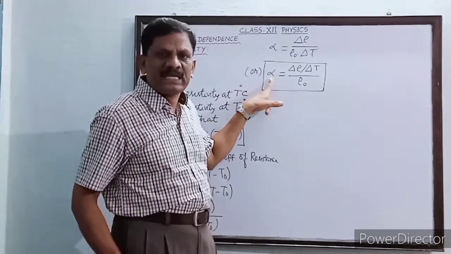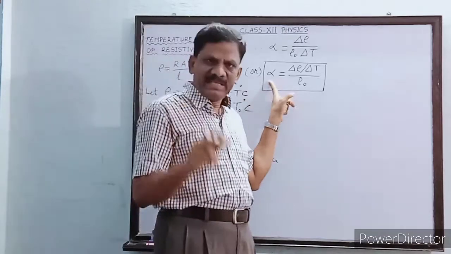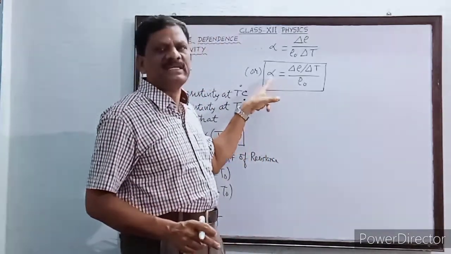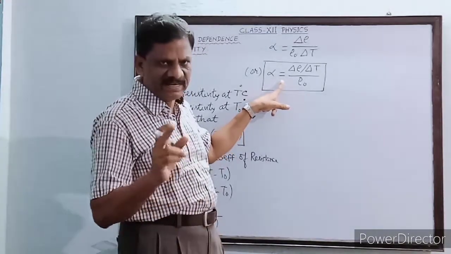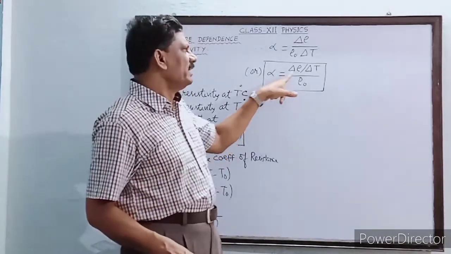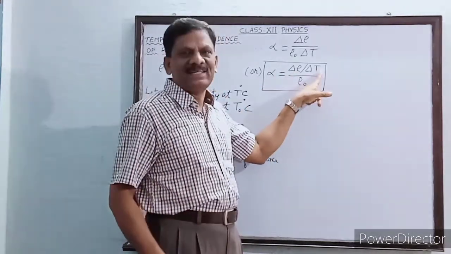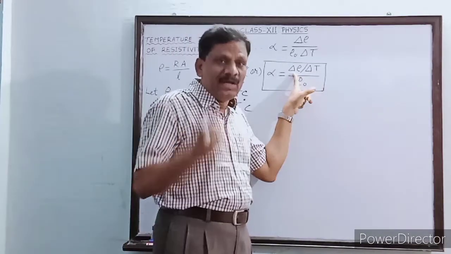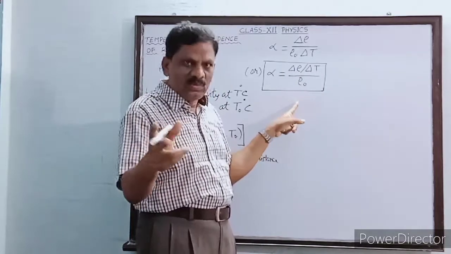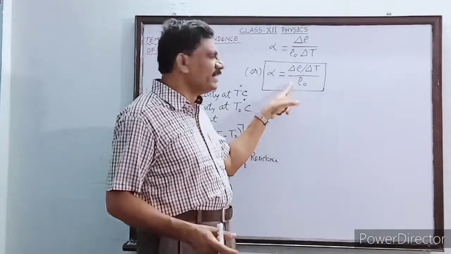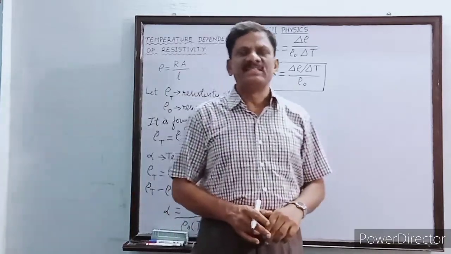The temperature coefficient of resistance of a material is defined as the ratio of the increase in its resistivity per unit rise in temperature, to its specific resistance or resistivity at T naught degree Celsius.